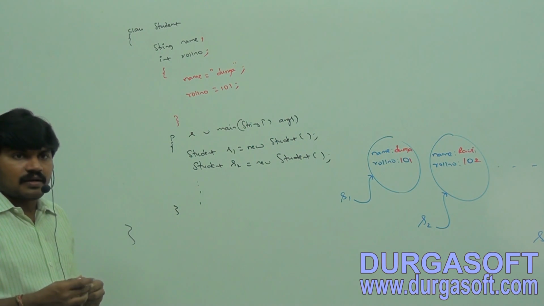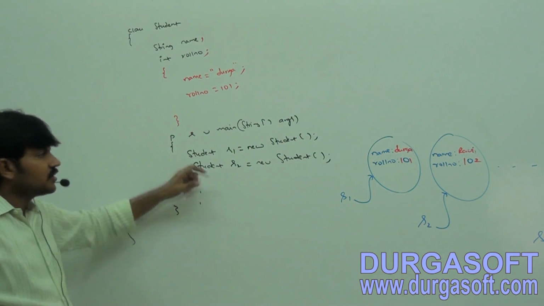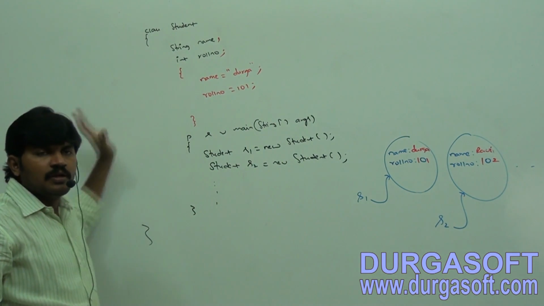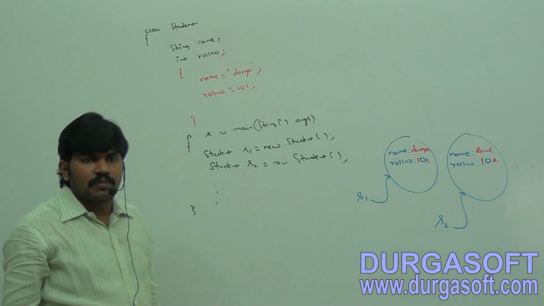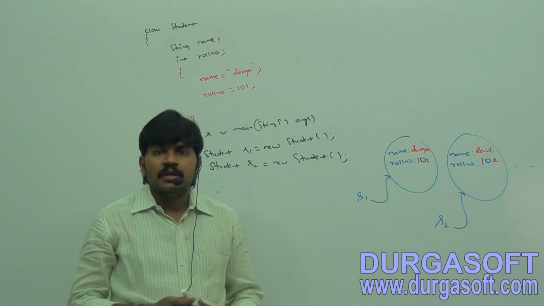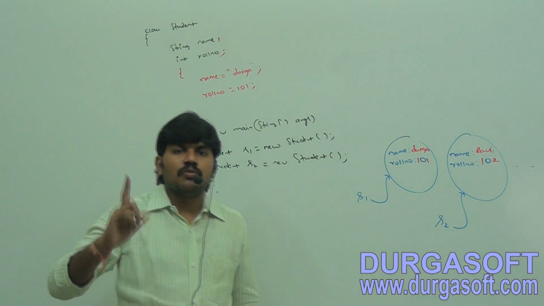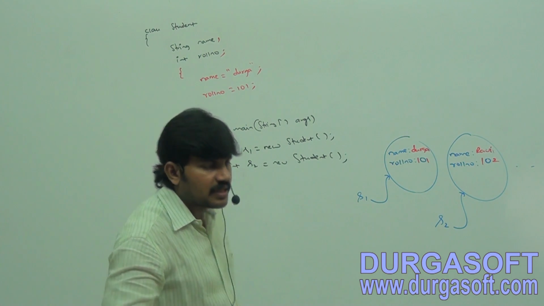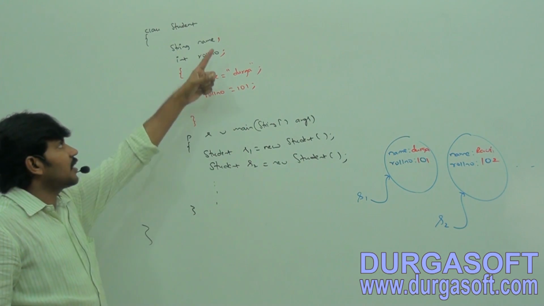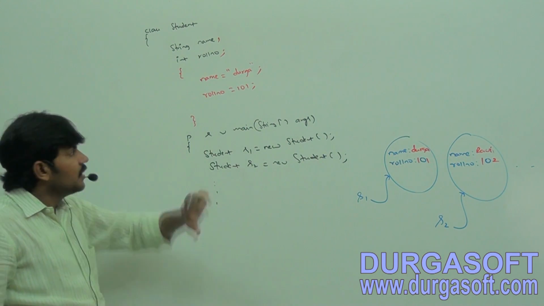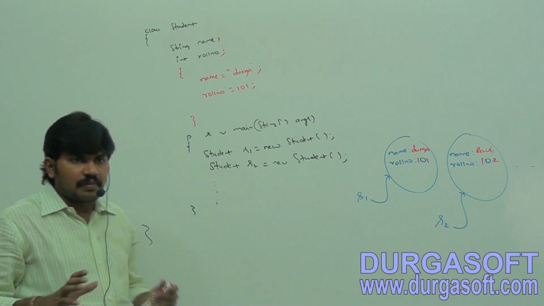Not recommended, because for every object the same thing is going to be executed, all students having the same name and the same roll number, which is meaningless. So it is never recommended to perform initialization for an object inside the instance block. At the time of declaration, not recommended; inside the instance block, not recommended, right?